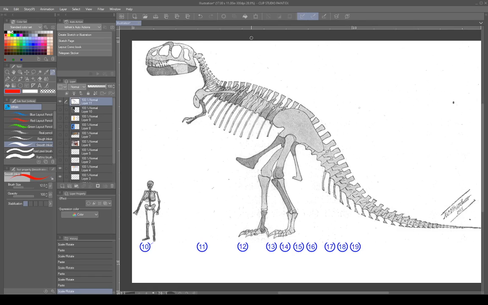So let's see here. This is going to be kind of awkward since my tablet driver broke on me, but whenever you're drawing a tail form, you definitely want to establish its core curve first.